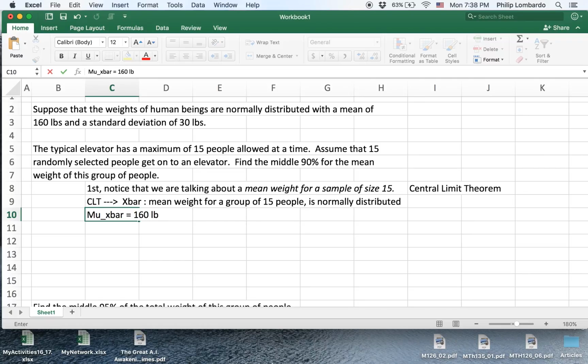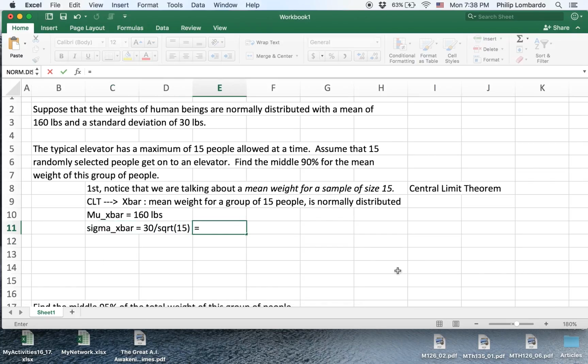So this is still going to be 160 pounds. The standard deviation of our mean weight, or our sample mean, is going to be our original standard deviation divided by the square root of our sample size. So in this case, this is going to be 15. So all we've done at this point is apply the central limit theorem in these three steps.